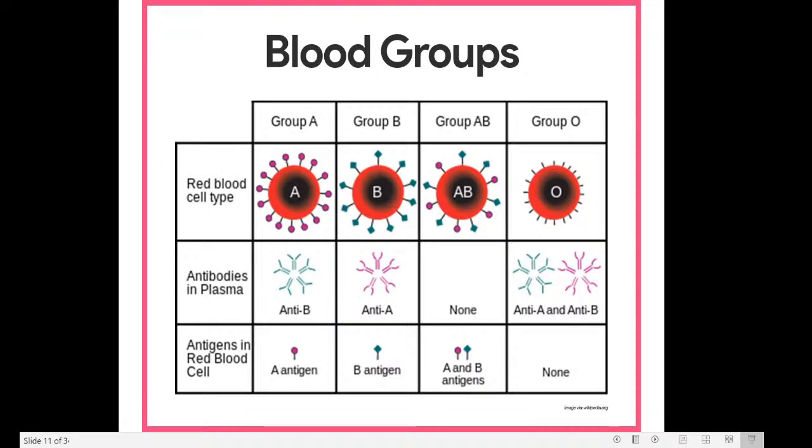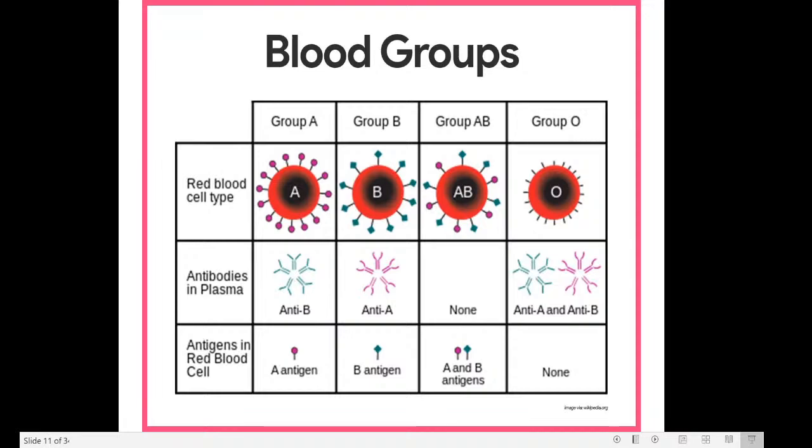Next, blood group B has the anti-A antibody in the plasma and the B antigen on the cells. In the AB blood group there is no antibody, and it has both antigens A and B, so it is the universal receiver.